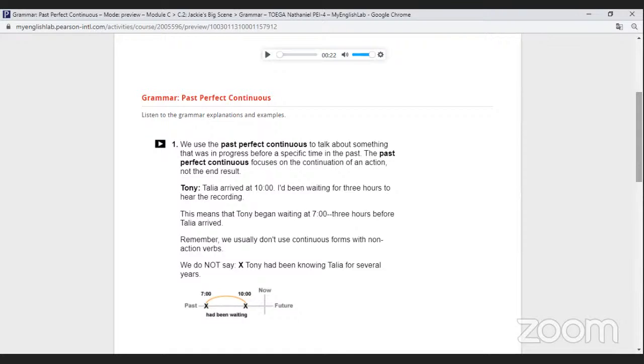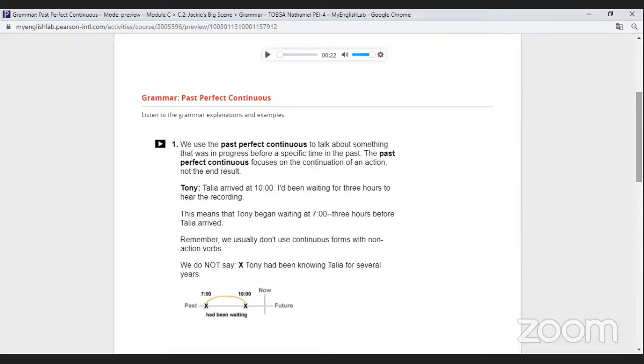Okay. I had been telling her the same thing since last year. And then, I hadn't been... is it okay to say going?